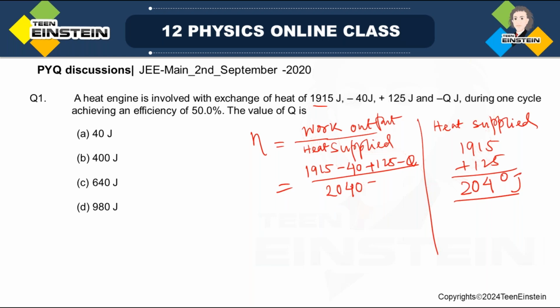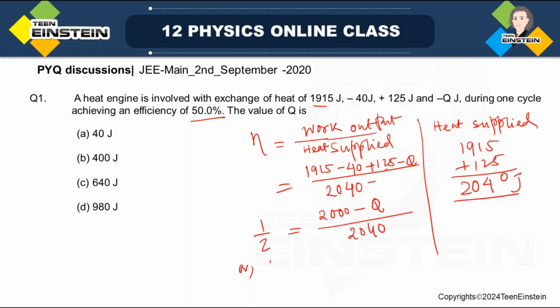Okay, so now look, these two, and if you minus it, you'll get here 2000 minus Q divided by this. Now on the other side, this efficiency is given for this particular heat engine, it's 50%. That means I can write half.